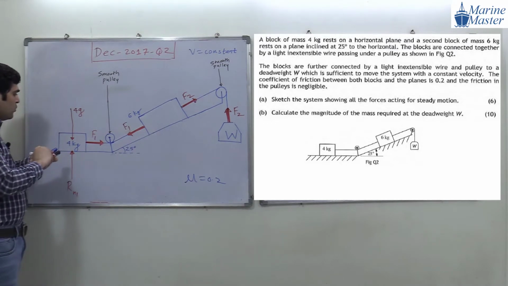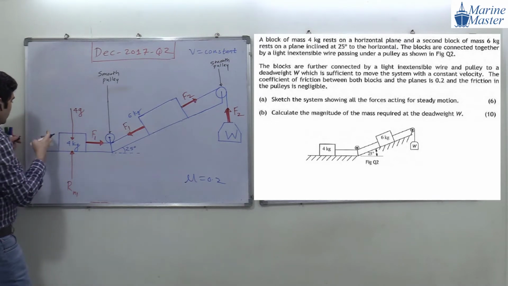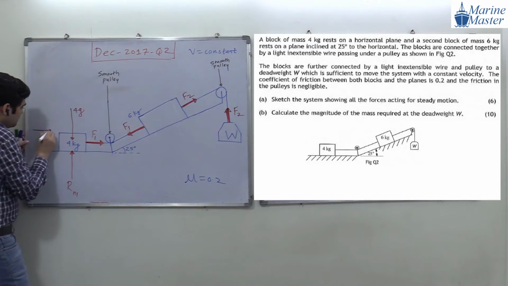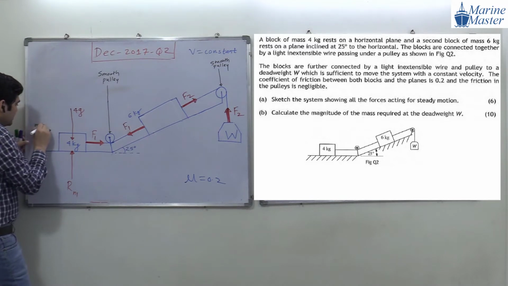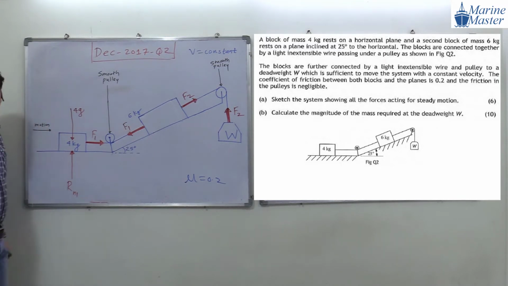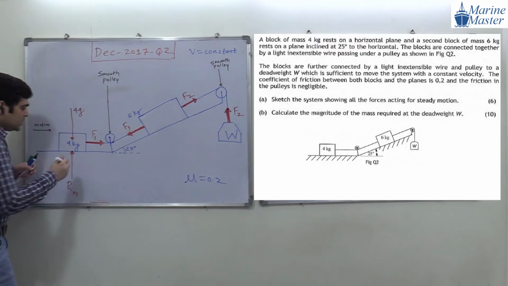See, this will be the motion of the 4 kg mass. Try to observe the scenario. So how is the friction force here? Opposite to the motion.